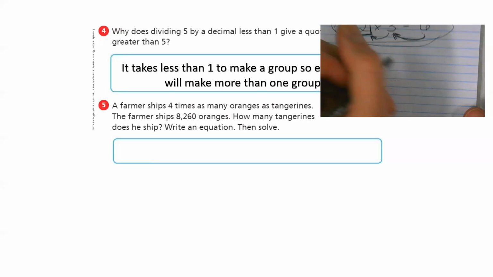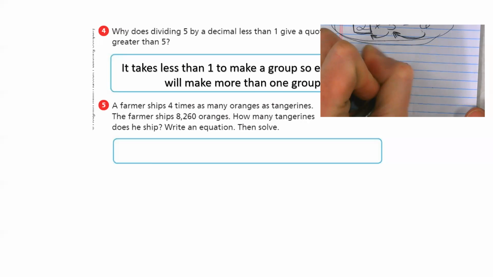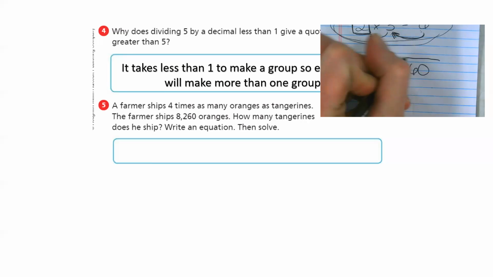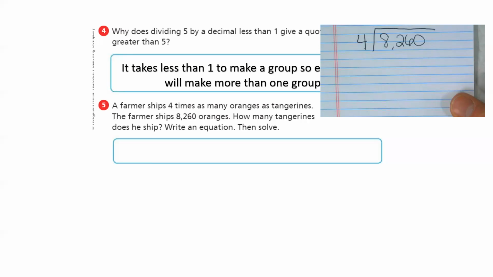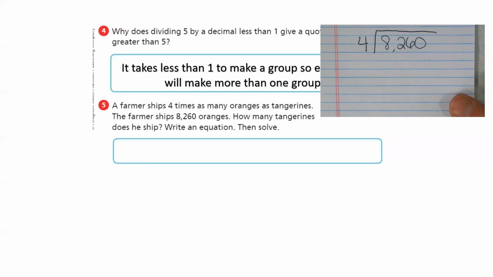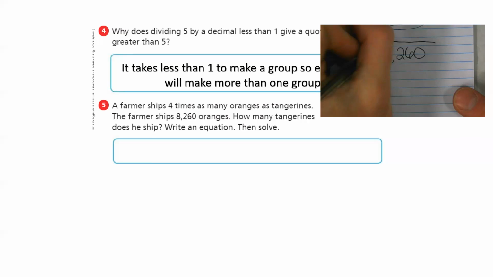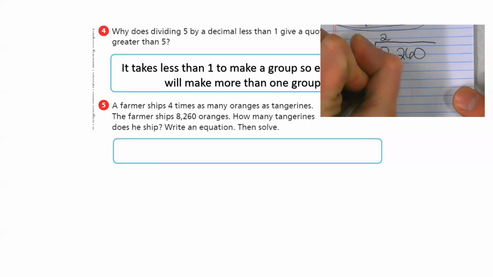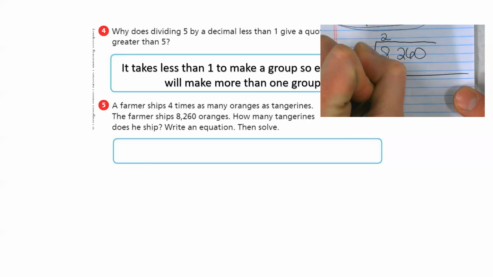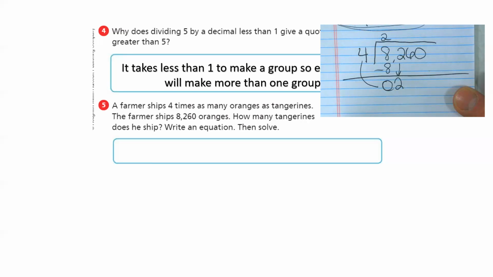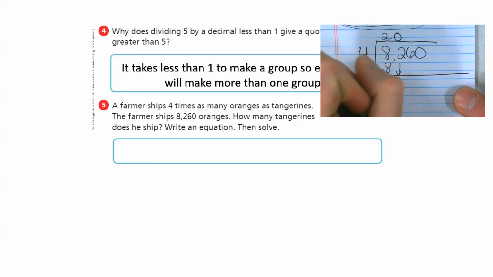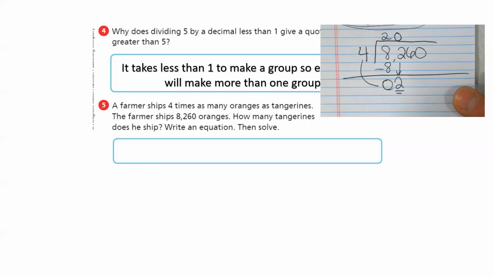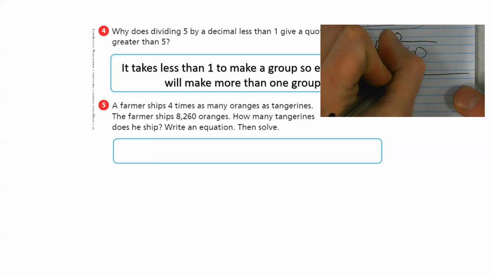So I take 8,260 and I divide it by 4. And then I ask myself, how many 4s go into 8? Well, 2. What's left over? Nothing. How many 4s go into 2? None. What's left over? The whole thing. Bring down the next number.